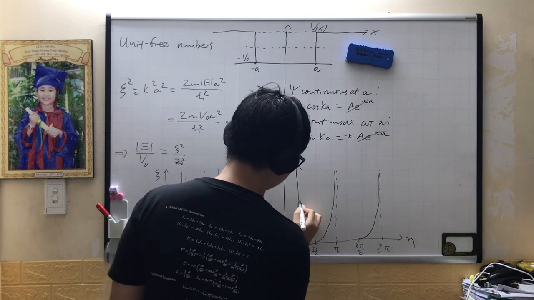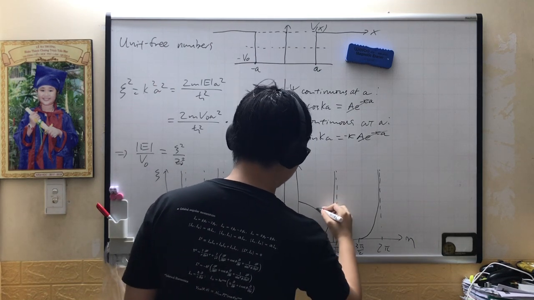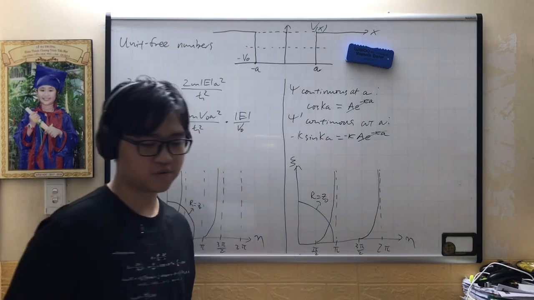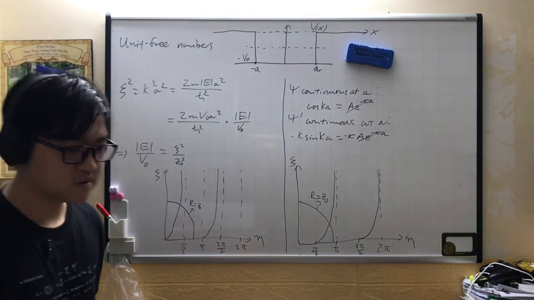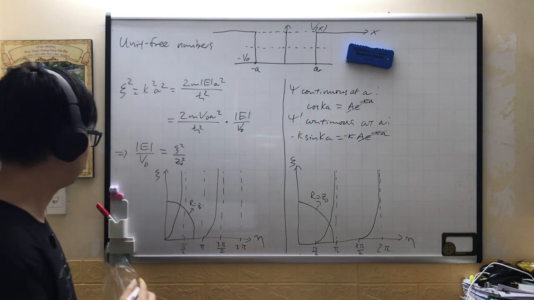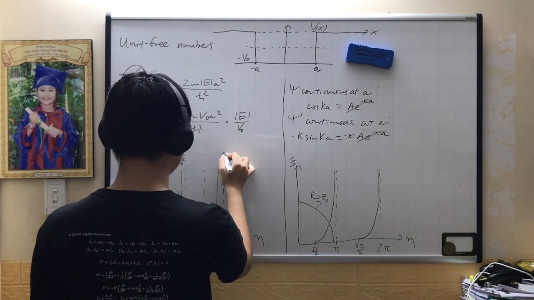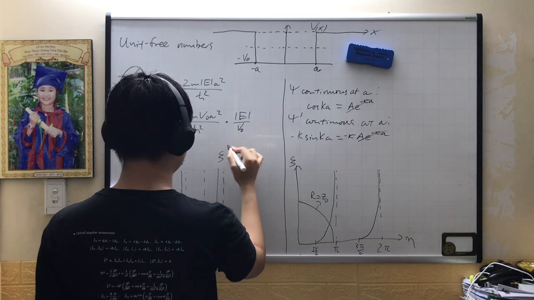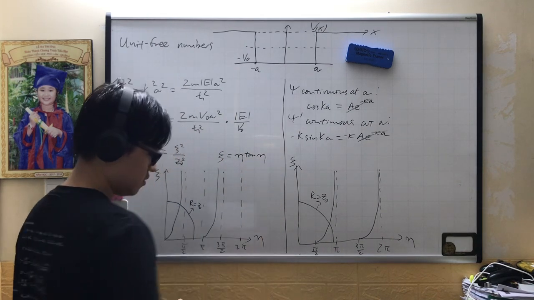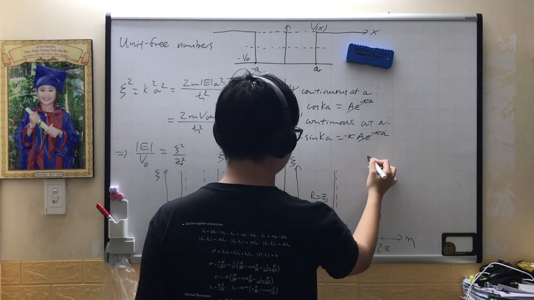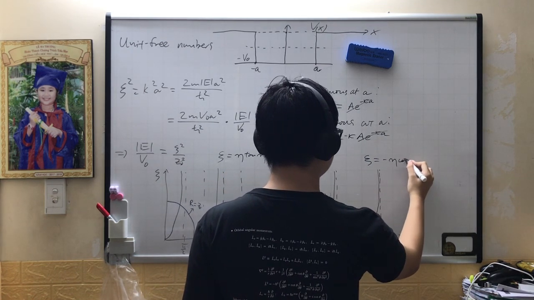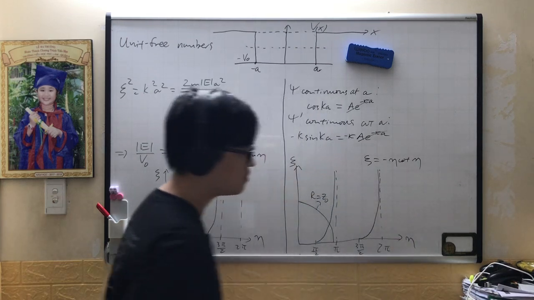There would be a circle with a radius of z0 as well. So in here, for the even one, psi is equal to eta tan eta. And in the odd part, psi is equal to minus eta cot eta.